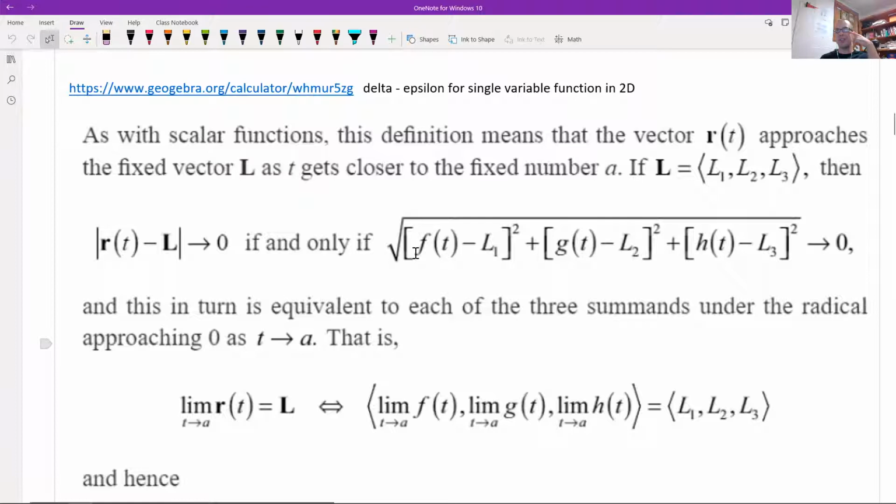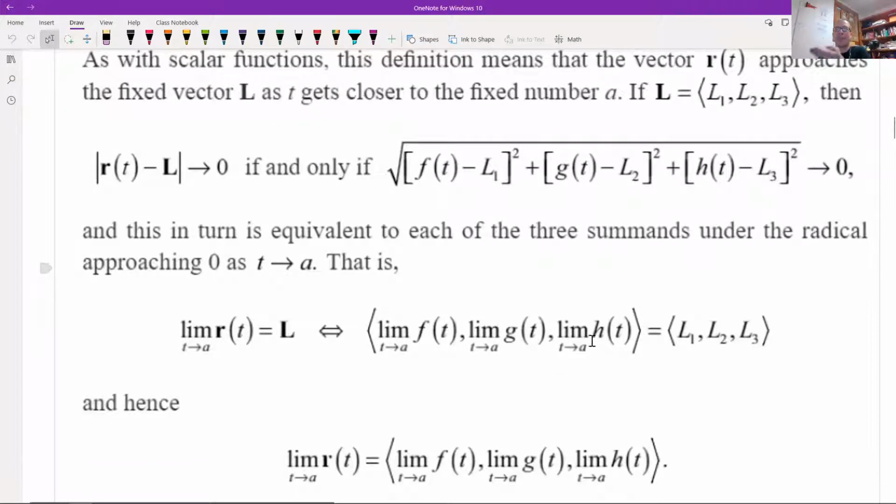So this is just Euclidean distance here. And in order to get this whole square root thing to approach 0, all of the individual components need to approach 0 as well. So what a limit looks like in this context is actually just doing 3 little limits, one for each of the components for x, y, and z.